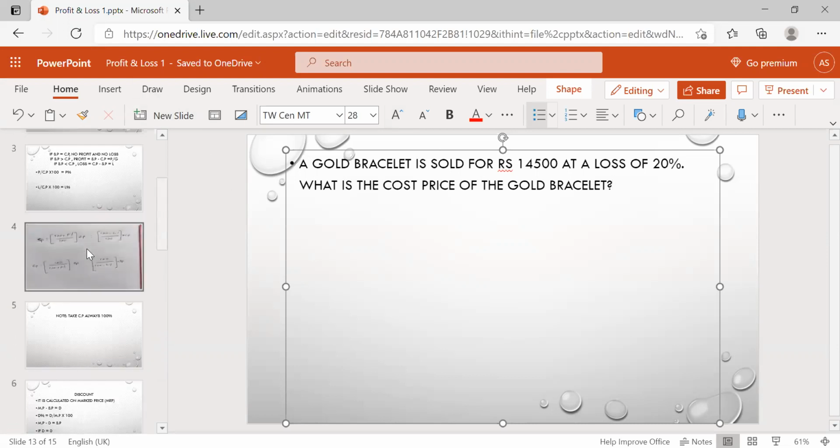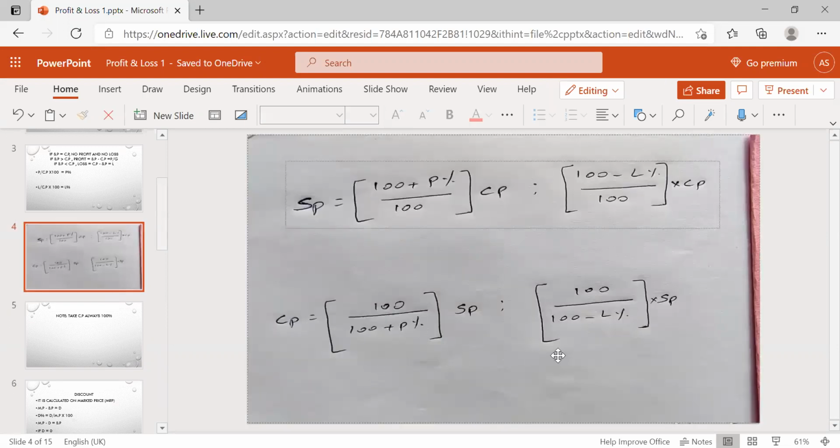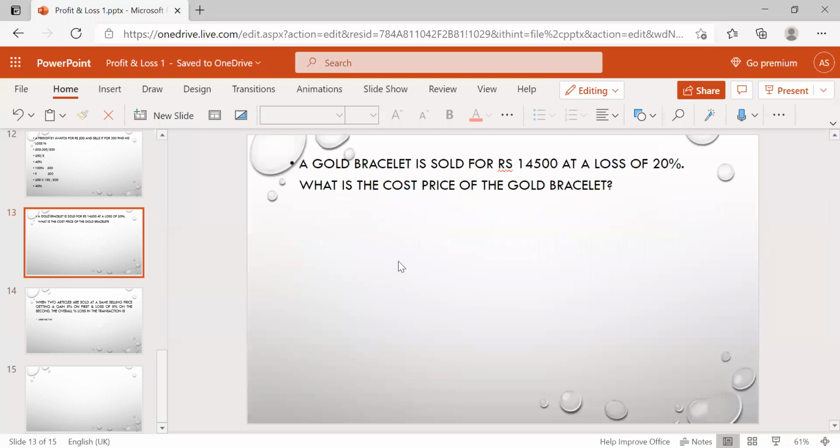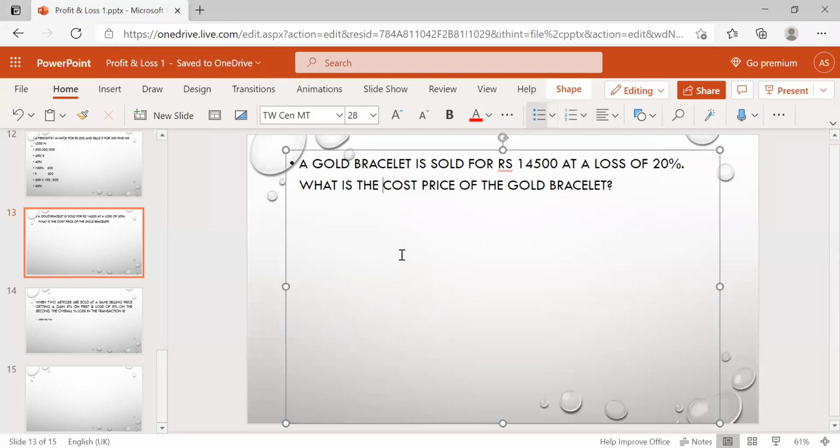I said in yesterday's class, the cost price formula by getting loss: cost price equal to 100 by 100 minus loss percentage into SP. Then we'll get the cost price, right? By using this we can solve, or by using percentages we can solve. Both will solve this.